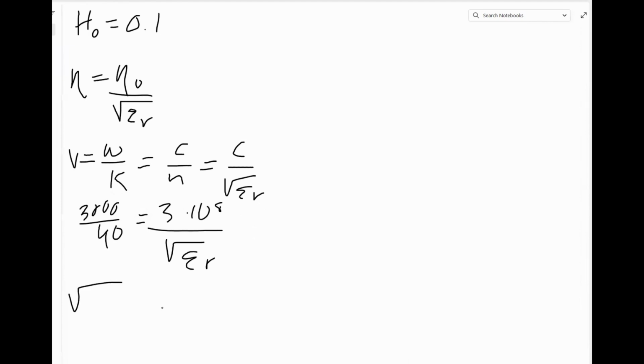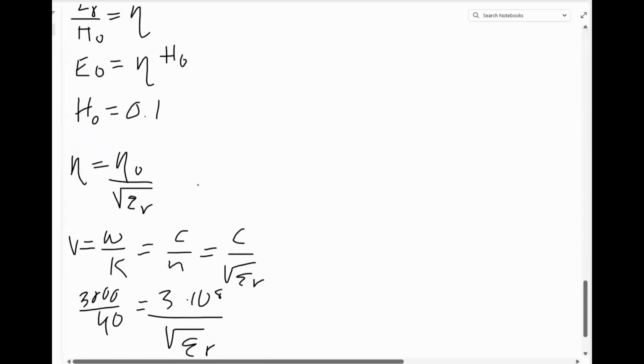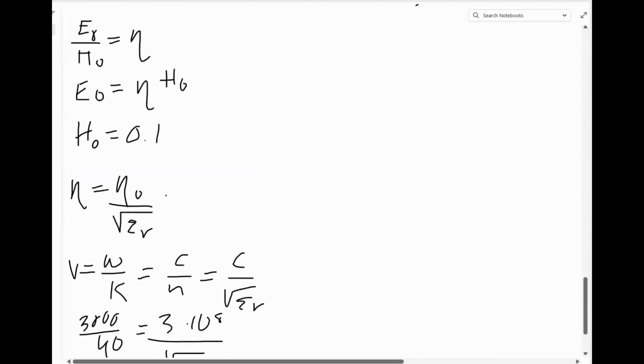And we can rewrite that as epsilon r equals, so 3000 over 40 is 75. So this is 3 times 10 to the power of 8 over 75. And we can just leave it like this and put it into the other equation. And as I said before, eta naught is 377. So we can rewrite this as 377 times 75.